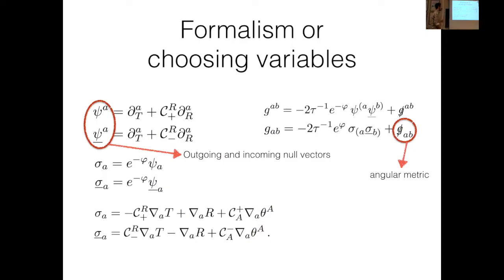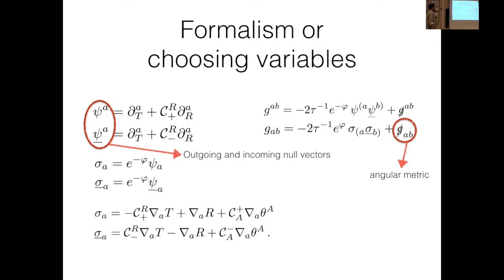So we begin by defining these outgoing and incoming null vector fields, psi and psi bar, in terms of the vector basis. They can be written as d by dt plus c plus minus r d by dr. These c plus minus r are scalar functions that are fixed by the requirements that these vector fields are null.